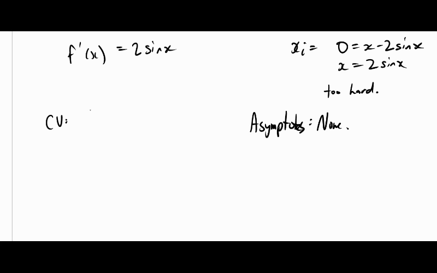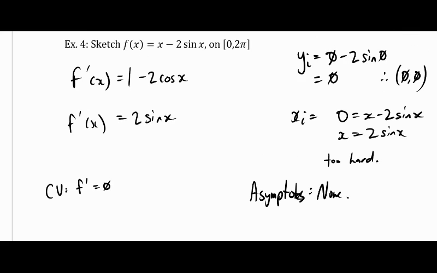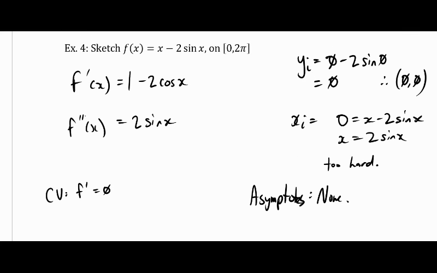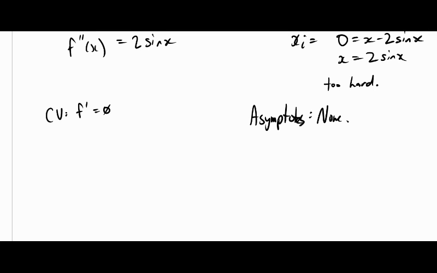Critical values occur when the first derivative is 0, or when it does not exist, but it exists everywhere. So that's when, whoops, this is second derivative. That's when 1 minus 2 cos x is equal to 0. So that's when cos x equals 1/2.